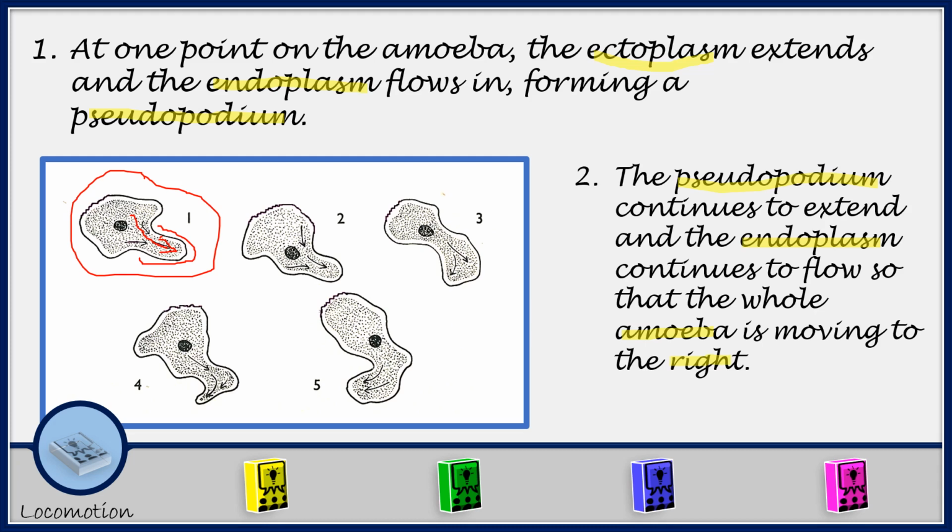When we look at this second structure, the pseudopodium continues growing on the other side, and the endoplasm continues entering into the pseudopodium, and very soon all the cytoplasm will have entered into the pseudopodium. Thereby, the amoeba will have moved to the right.